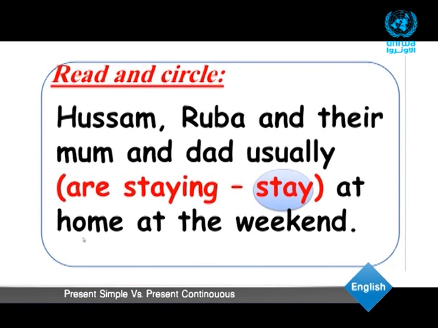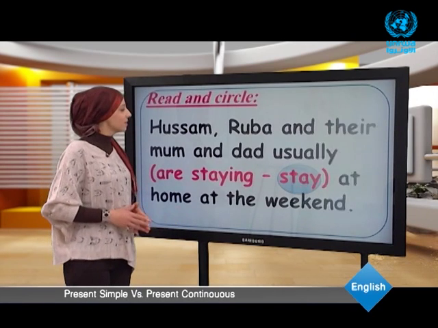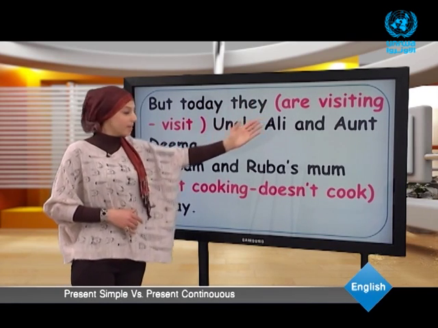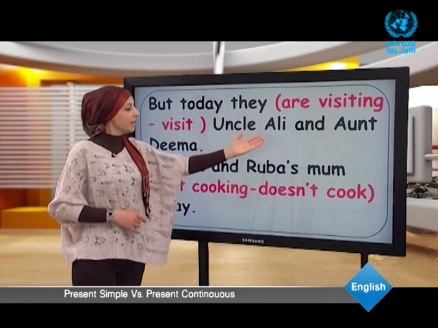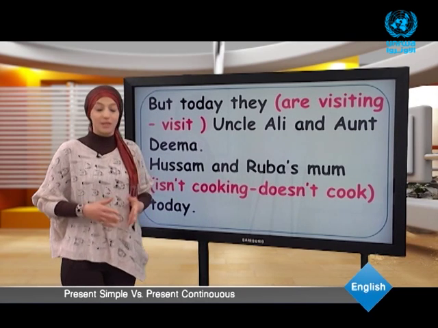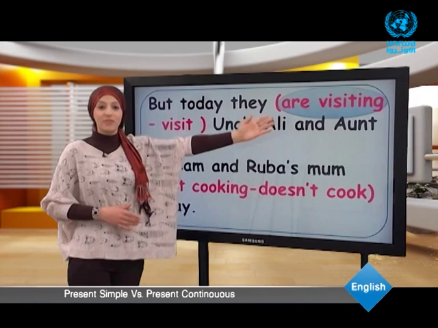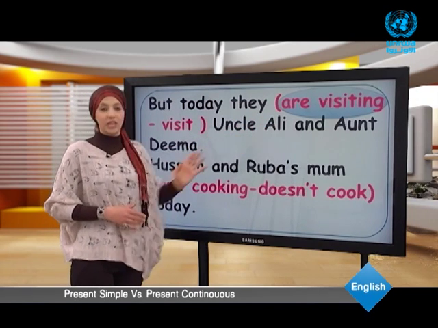Hussam, Ruba, and their mom and dad usually stay at home at the weekend. Now next. But today they are visit Uncle Ali and Aunt Dima. What is the correct choice? Yes, very good. They are visiting Uncle Ali and Aunt Dima.